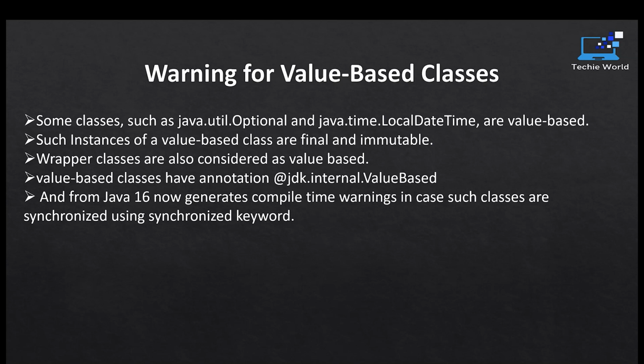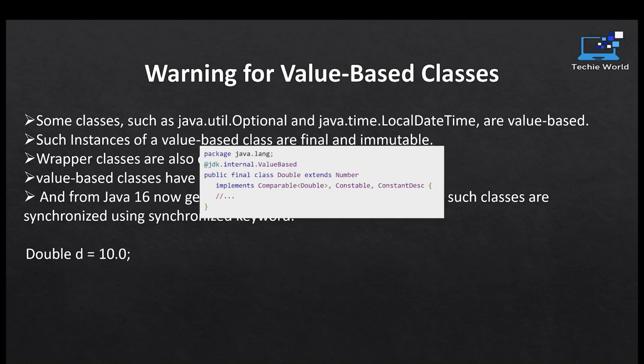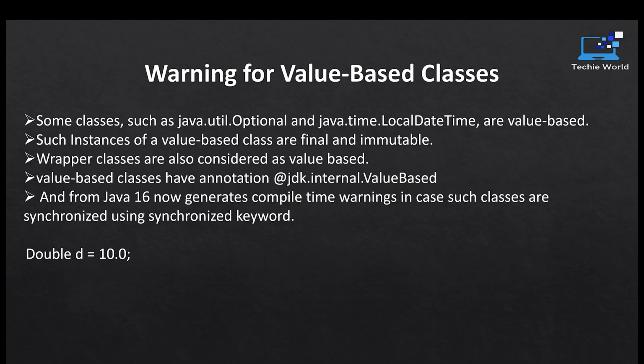To understand the last point in a better way, I have a code example here. You can see I have Double d equal to 10.0. Double is a wrapper class, so a wrapper class is a value-based class. To understand it better, let me show you this picture. Any class which has an internal annotation called @jdk.internal.ValueBased is known as a value-based class.